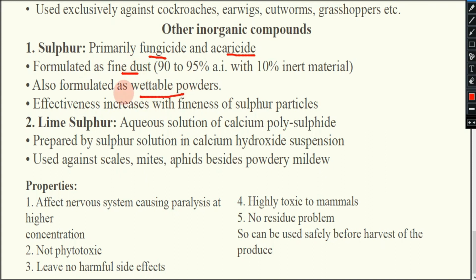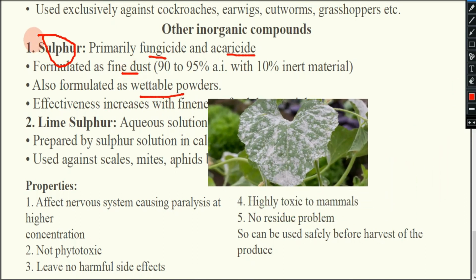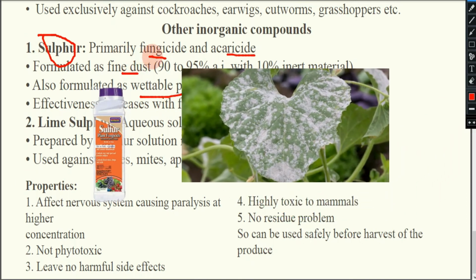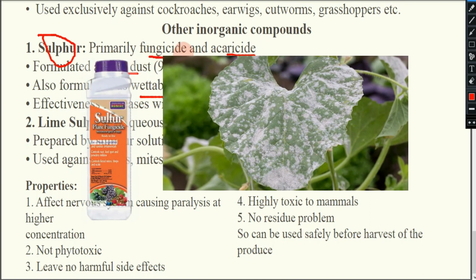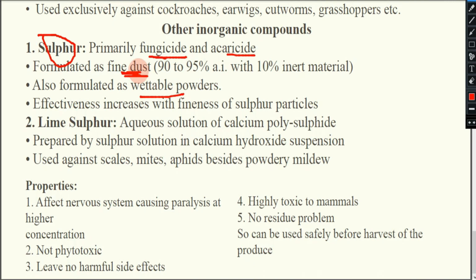The effectiveness of sulfur compounds will increase when the particle size is less, that means the fineness of the product. These sulfur compounds are primarily fungicide. Generally for powdery mildew we use this sulfur dust, and then we can conclude it as acaricide or insecticide.